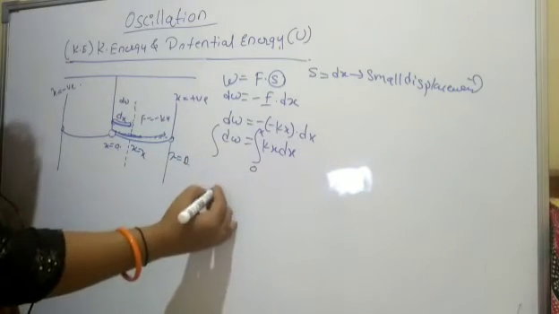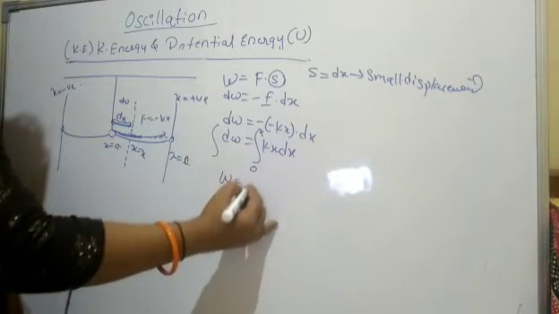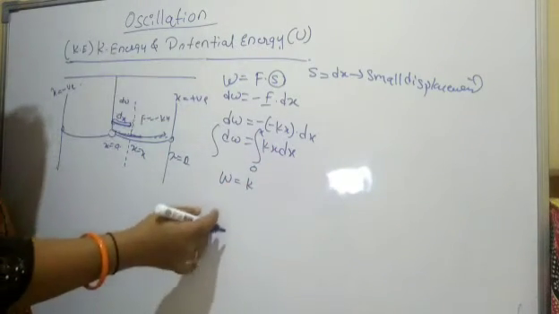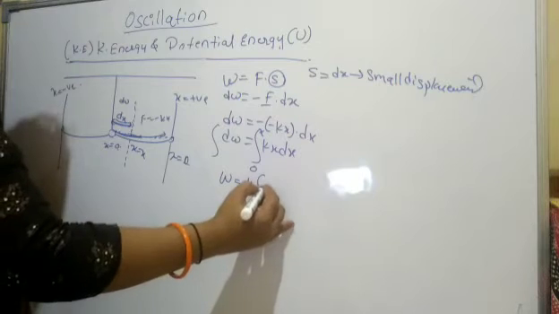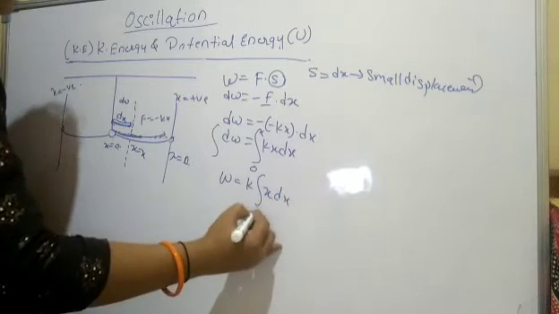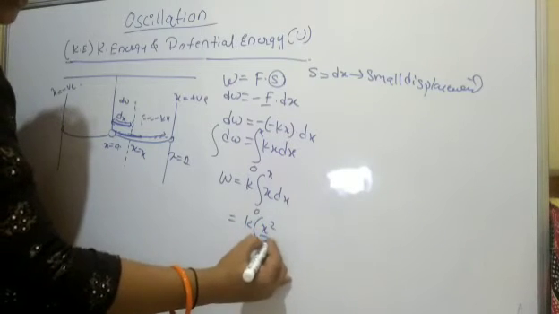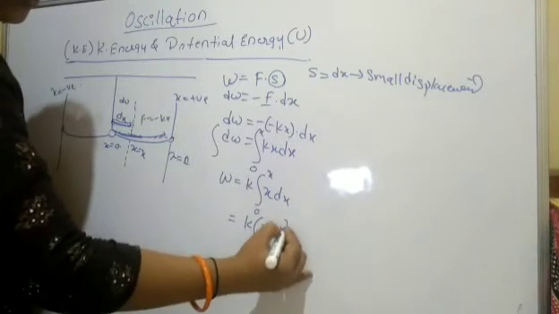So integration of dw will be w here. k is a force constant which is acting on the particle, right? Integration of x dx from 0 to x, so you will get x square by 2 from 0 to x.